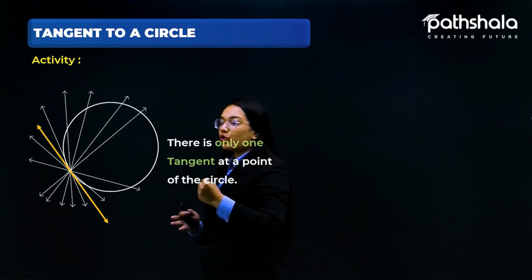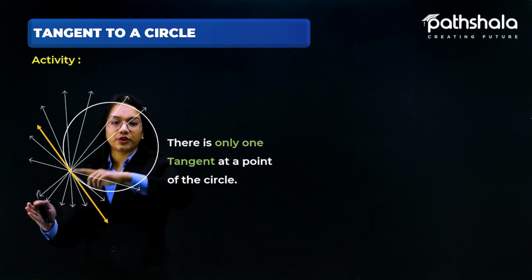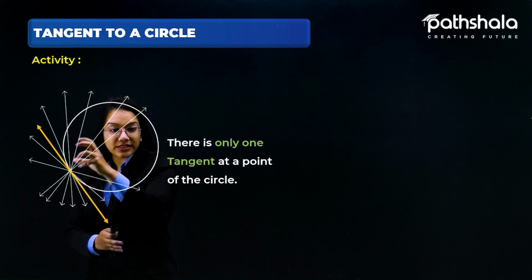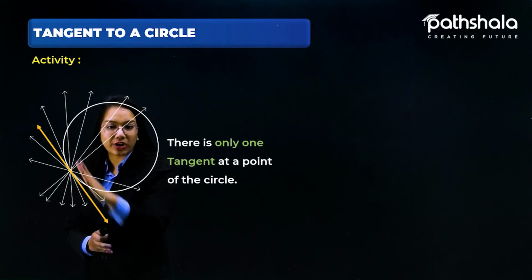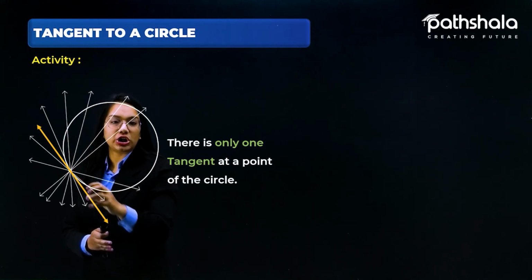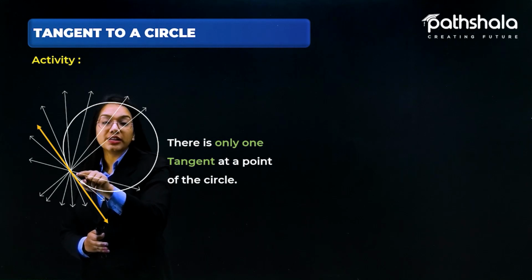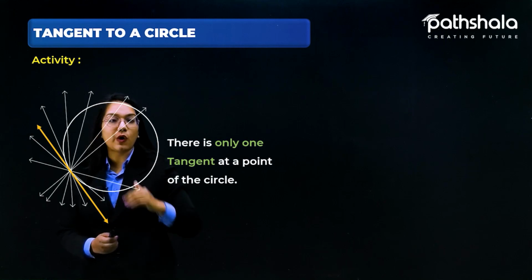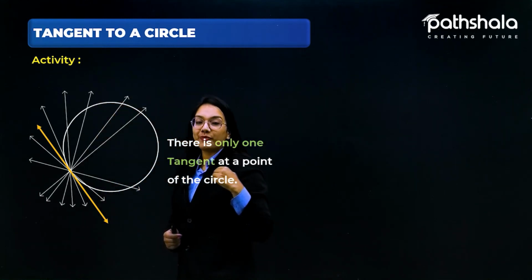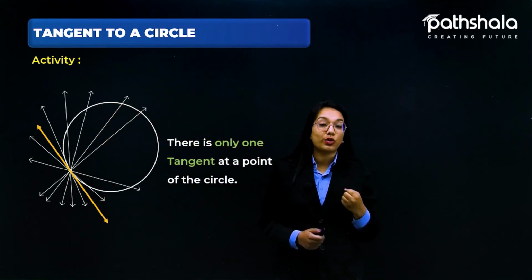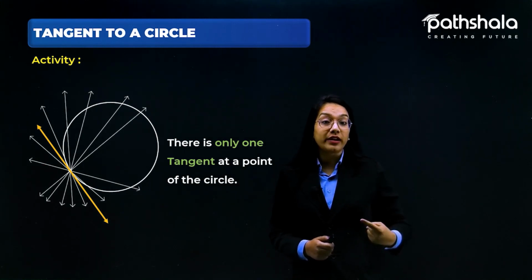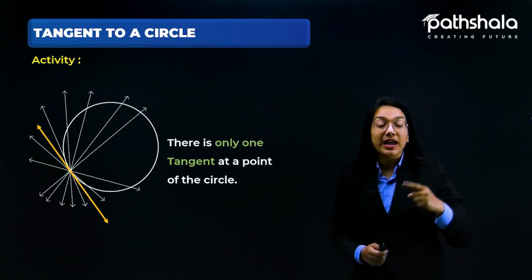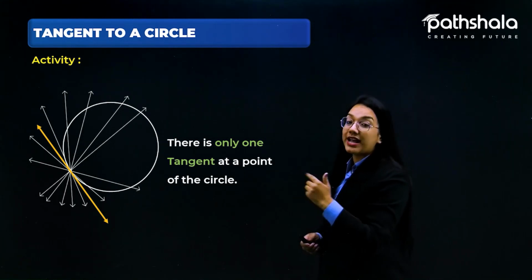Even though we rotated the straight line at this point in many ways, we get only one line touching the circle at exactly one point, and this line is called the tangent. So for that particular point there is only one tangent, and that tangent is this yellow line.